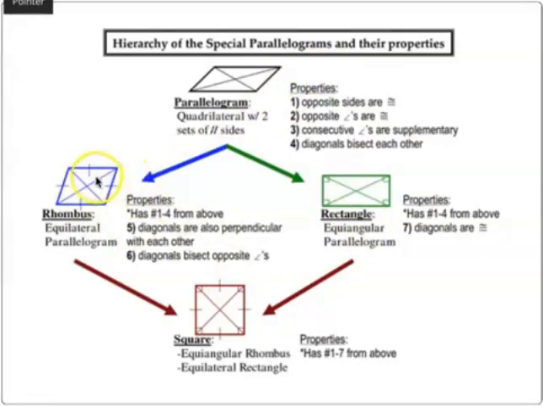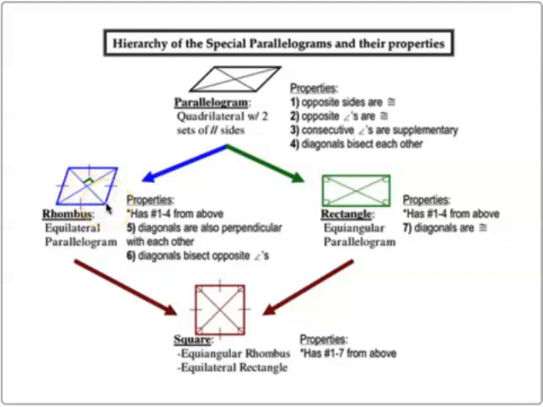So rhombuses have all the properties of a parallelogram, and then more specifically, the diagonals of rhombuses are going to be perpendicular. They're going to intersect at 90 degrees. That's what makes it special, that rhombuses are a little different from parallelograms.